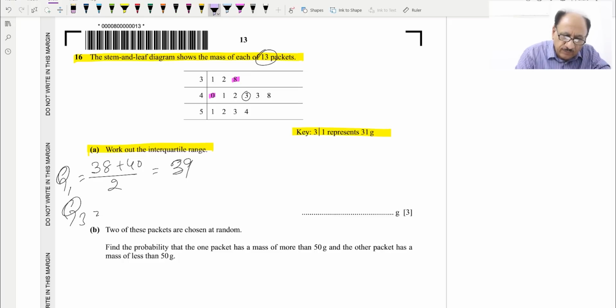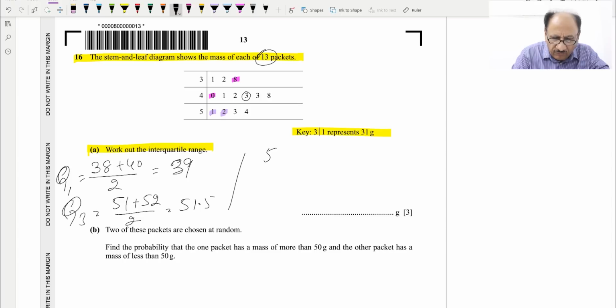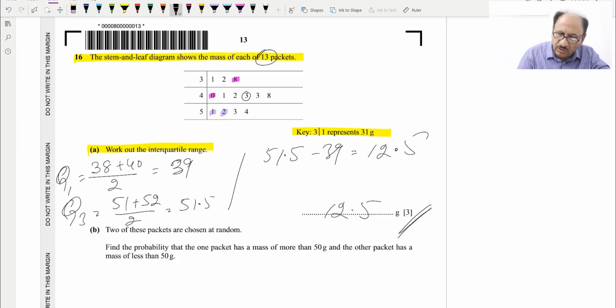Q3 we can also take like this, these 2 values, and this will be 51 plus 52 divided by 2, which is equal to 51.5. So upper quartile minus lower quartile, 51.5 minus 39, will be equal to 12.5, and 12.5 will be the interquartile range, and this is for 3 marks.